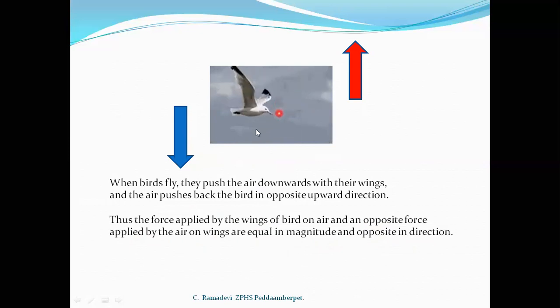When the bird is pushing the air downwards with its wings, that is called the action force. And when the air pushes back the bird in the upward direction, that is called the reaction force. These two forces are equal, but they are in the opposite direction, right?